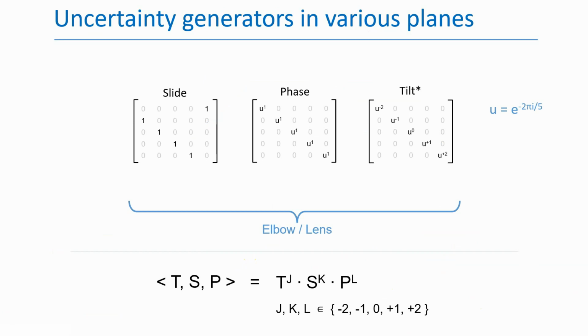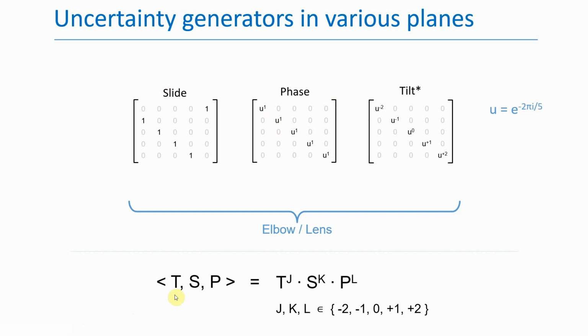Now, we'll summarize the uncertainties in the major planes. This is the most important slide in the whole lecture. At the elbow, the uncertainty includes all 3 of the major transformations: slide, phase, and tilt.